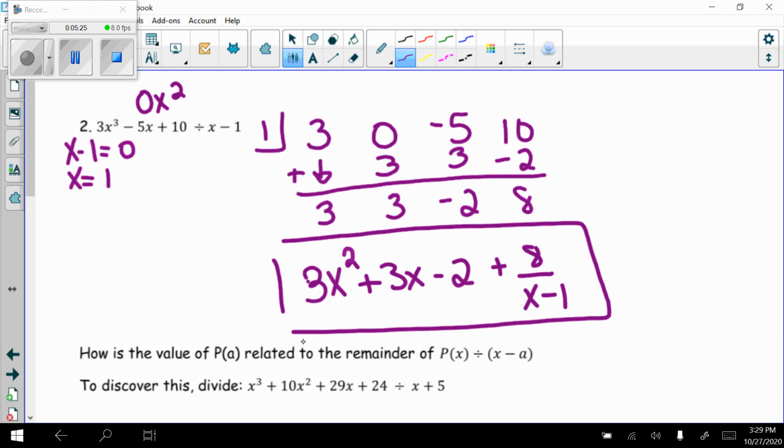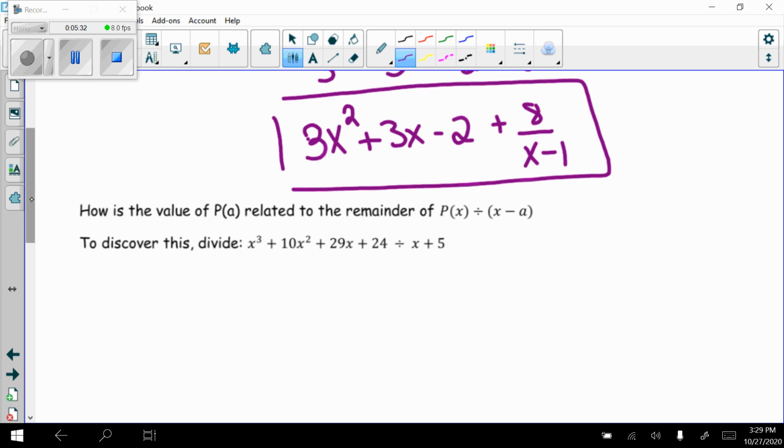There's our answer. Okay. All right, so now we want to discover, how is the value of p of a related to the remainder of p of x divided by x minus a? To discover this, we're going to divide x cubed plus 10x squared plus 29x plus 24 by x plus 5. Again, we're going to do our synthetic division. So x plus 5 set equal to 0.